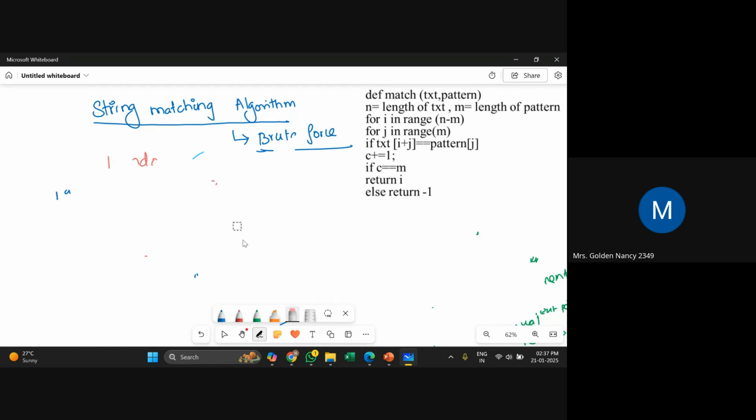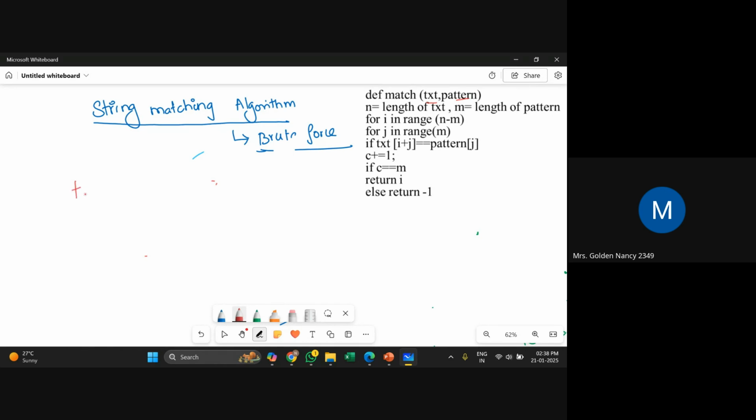Since we need to do this repeatedly, we are declaring a function. I use match as the function name. The text and pattern are the given text and pattern.